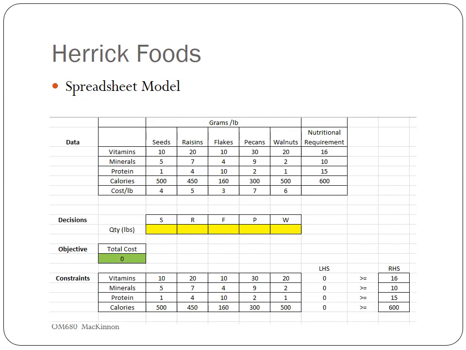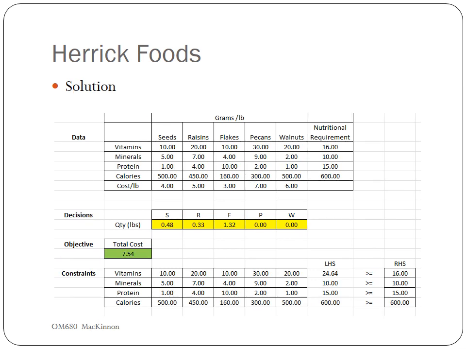So our spreadsheet model looks like this. As I said before, our decisions are laid out in a row, and that is typical. So here's our solution. Notice we're not using any pecans or walnuts at all. They simply don't contribute enough to our model to warrant using.